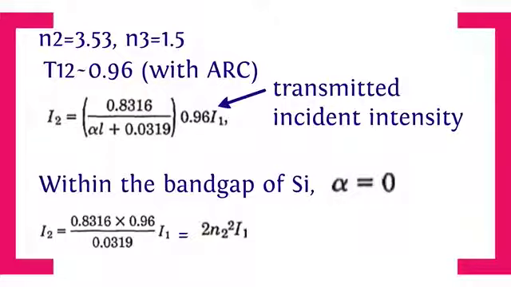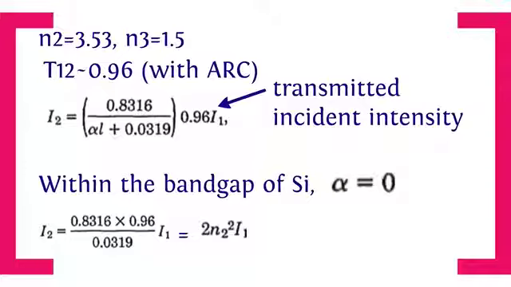Plexiglass is 1.5, just like glass. T12 is just a probability, so say it's 1, doesn't matter. So you get that expression. I2, the intensity inside the silicon, is some expression which depends on the thickness times alpha times the incident intensity coming from outside, air.